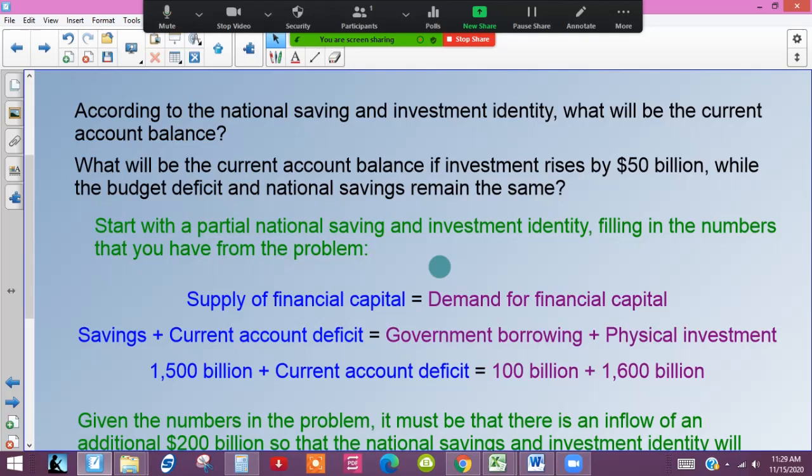So to try to make it simple, we divide our equation into 2 parts. The supply of financial capital is on the left, and we want to put the demand for financial capital on the right.